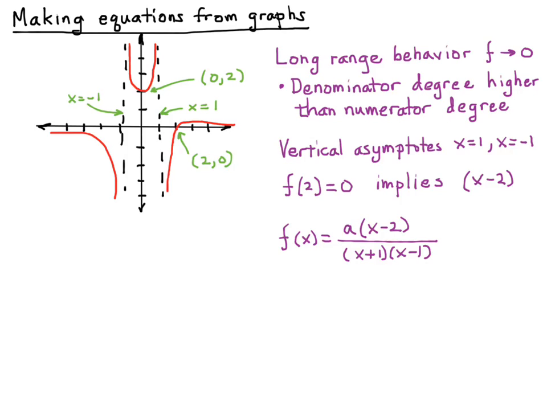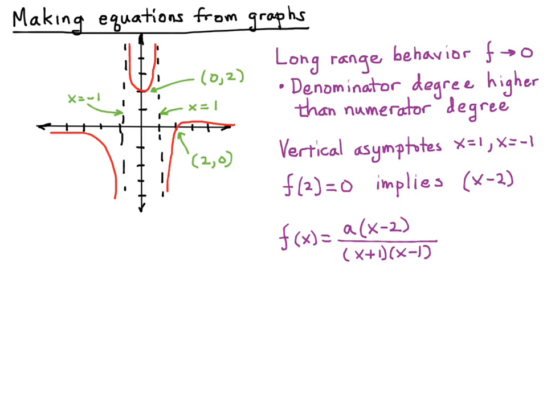These two come from the fact that I have my vertical asymptotes. This comes from the fact that my intercept is at x minus 2. And notice my degree is 1 on the numerator, 2 on the denominator, so that's consistent with my long-run behavior expectation that when it's 0, the denominator degree is higher than the numerator degree.